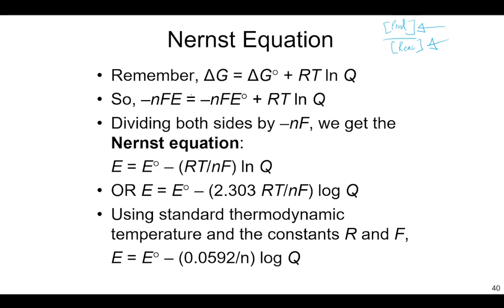And similarly, we're going to have to be able to do the same thing for our cell potential. And since we know delta G is negative nFE, we can just plug that in here for these two delta G's and effectively turn it into this equation for electrochemistry. And this is known as the Nernst equation.